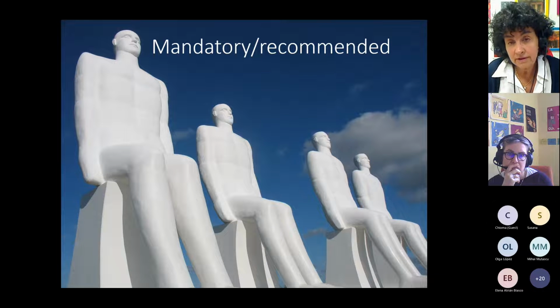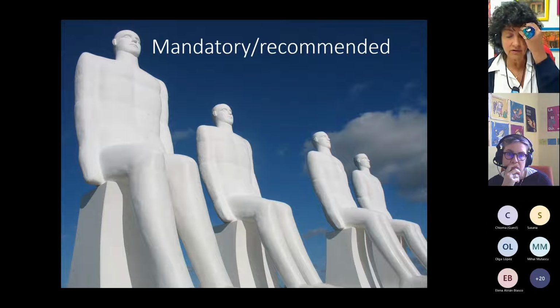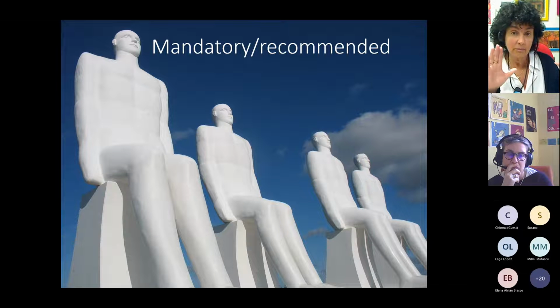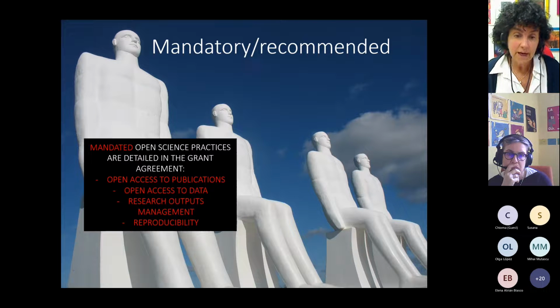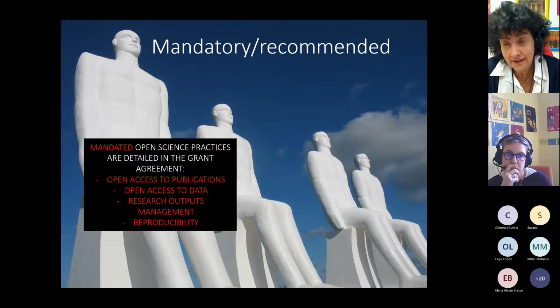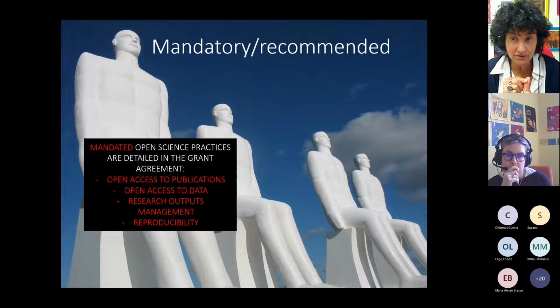What you have to learn about open science in Horizon Europe is that you have mandatory practices and recommended practices. So mandatory practices are the ones detailed, and they are detailed, okay? And there is no way out. Open access to publications, which does not mean publishing in an open access journal, please, okay?